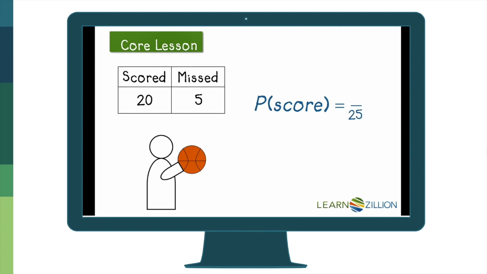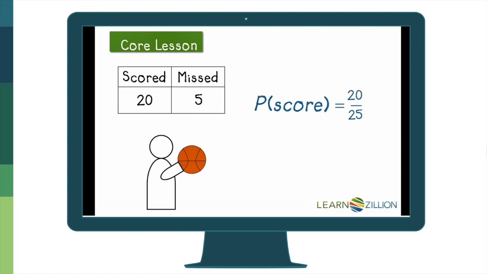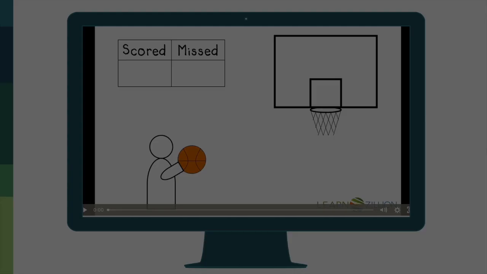Now, the number of events that I'm looking for was 20, because that's how many times he scored, and we're trying to find the experimental probability of him scoring his next shot. I can reduce 20 over 25 to 4/5. So according to the experiment of Johnny shooting baskets, he scored 20 and missed 5, and that experimental probability of him scoring his next shot is 4/5.